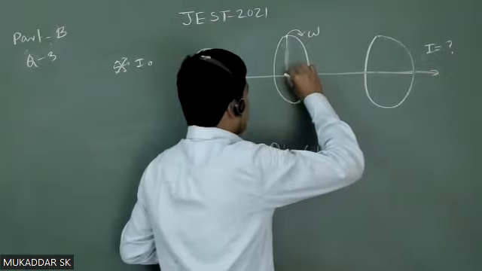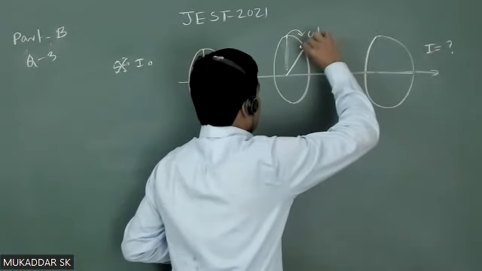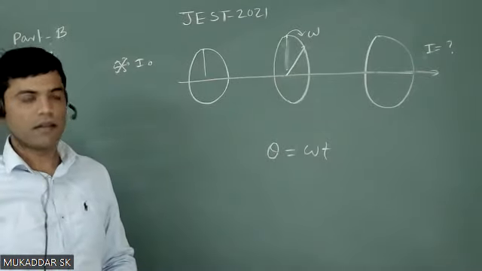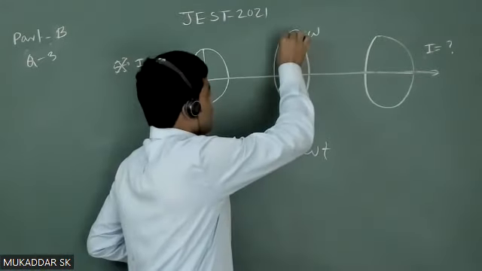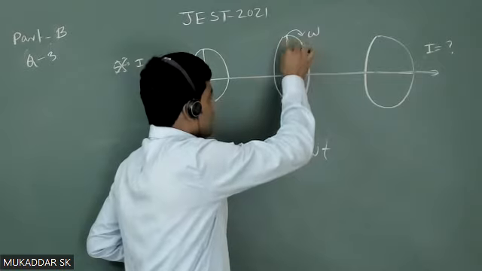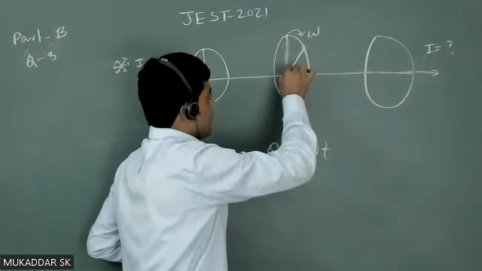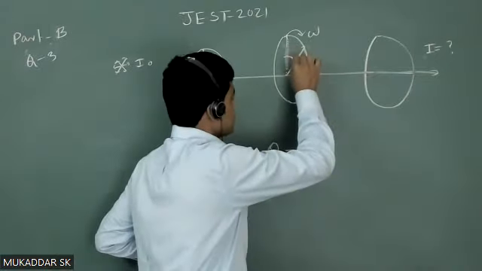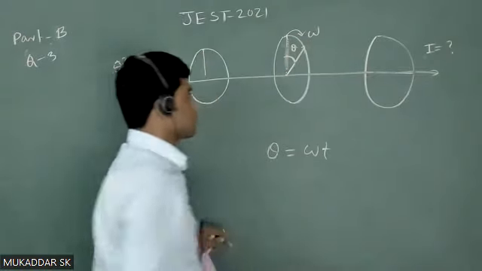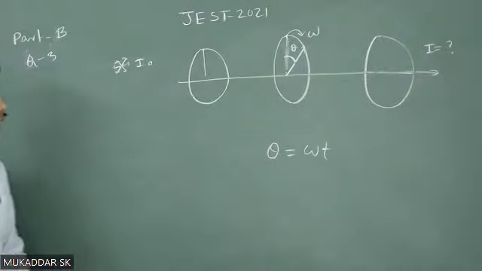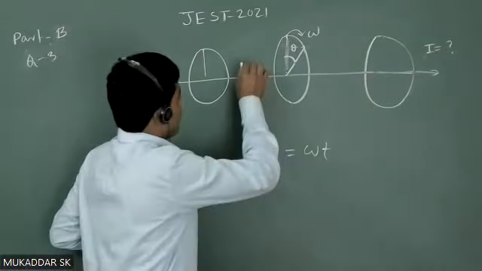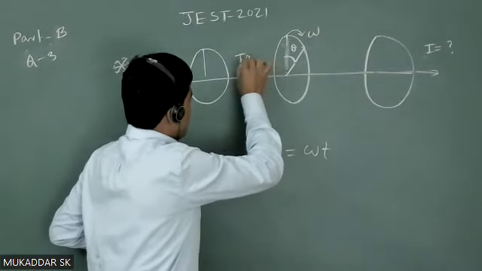At a time t, the pass axis of this polarizer will be like this. Now, unpolarized light is incident on the first polarizer, so obviously the intensity of the emerging ray here will be I naught by 2.